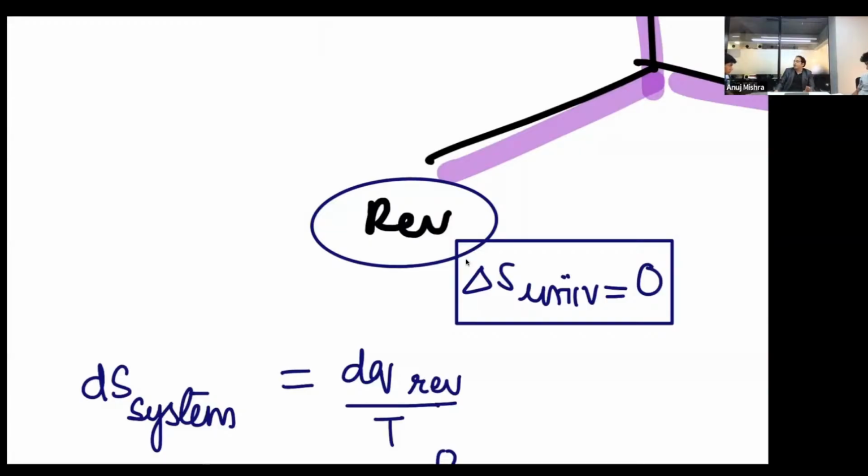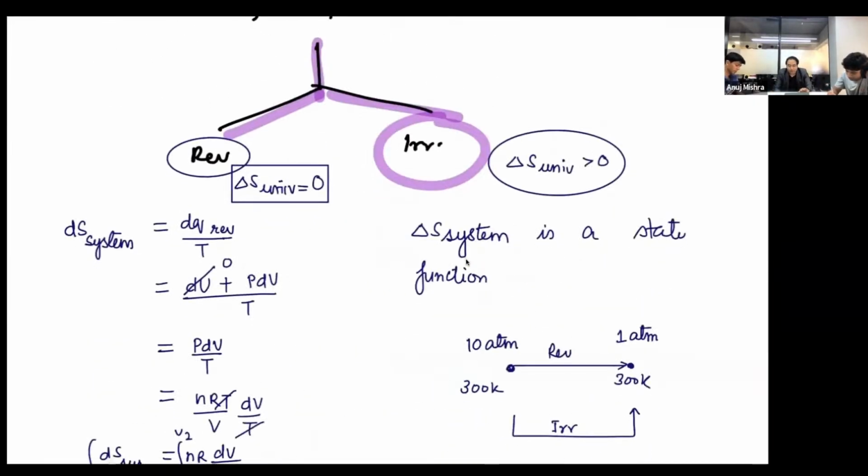And this property, delta S system is a state function. देखिए, delta S system is a state function. If it is a state function, does it matter that you go from reversible route or irreversible route? No. So what is the answer? Same. So delta S system will be same. लिख लो.